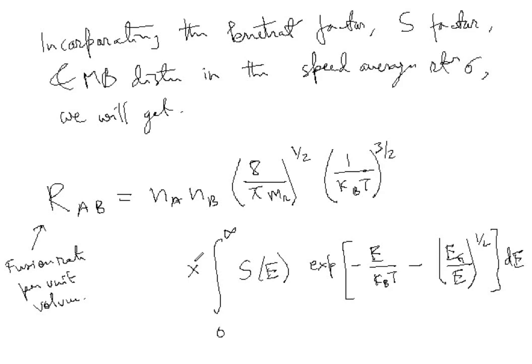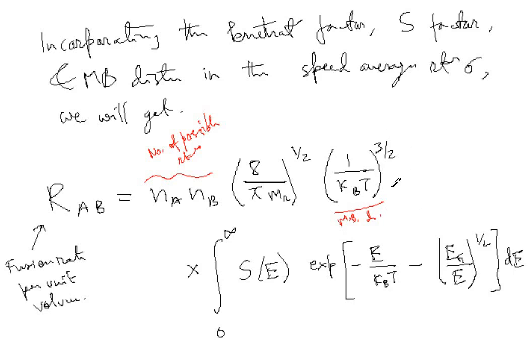Now you can note certain very important things from this expression itself. What are they? The first is that this N_a and N_b basically give you the number of possible reactions. Now where does this 1 by k_B T to the 3 by 2 term come from? This term comes from the Maxwell Boltzmann distribution.